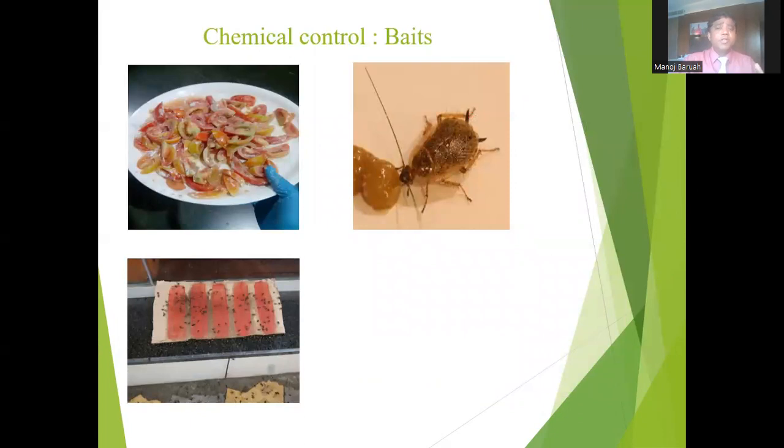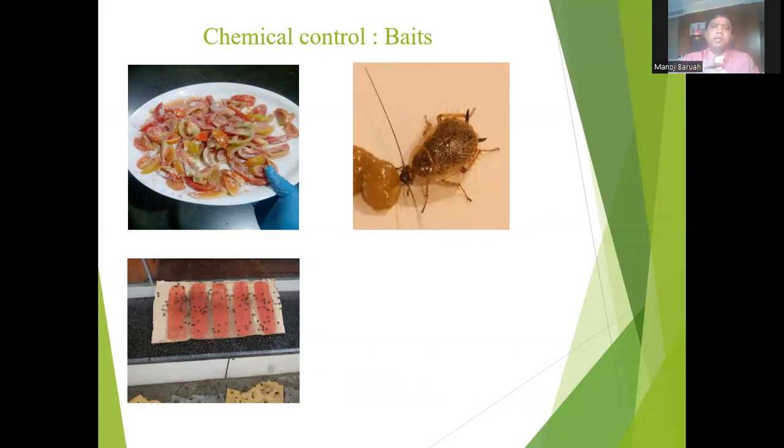The issue is that in case of baits, what happens most of the time is the target pest may not consume the baits. This is the biggest problem in our industry. Why? The bait gets contaminated with other pesticides. It is just like if you drop a drop of petrol or kerosene in your breakfast, you will not consume it.